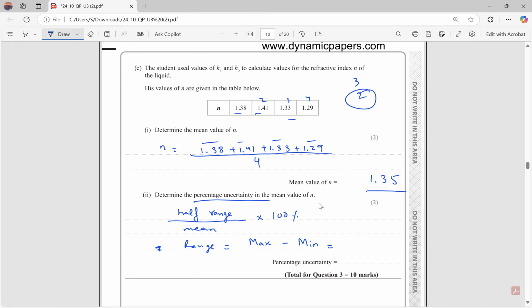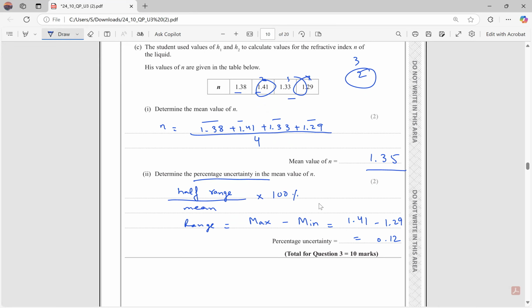So in the values that were given, the maximum is 1.41 and the minimum is 1.29. So 1.41 minus 1.29, that is 0.12. You divide that by 2 to get the half range. That's 0.06.